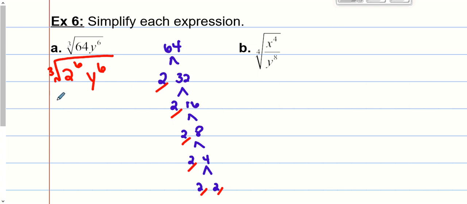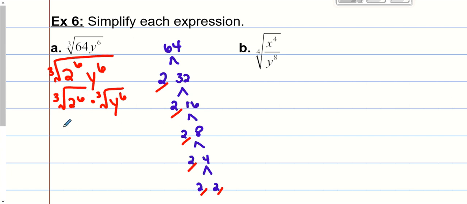Let's now simplify this a little further. I can take this and separate it as the cube root of 2 to the 6th times the cube root of y to the 6th. When I do that, when you take the cube root of 2 to the 6th, I can divide those exponents.